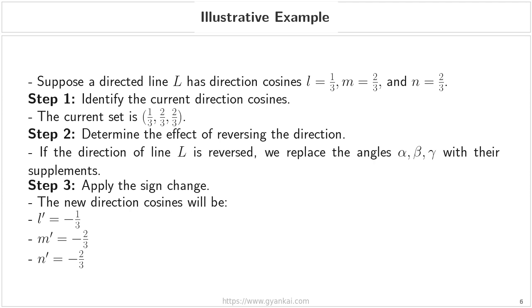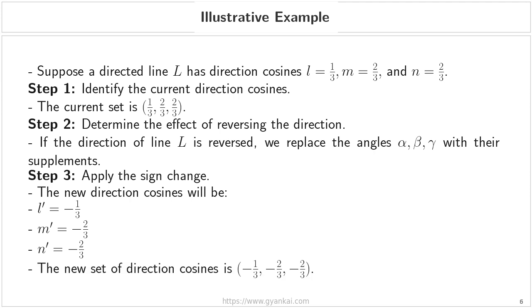Our new l prime becomes negative 1/3, our new m prime becomes negative 2/3, and our new n prime becomes negative 2/3. So, as you can see, our new set of direction cosines is negative 1/3, negative 2/3, and negative 2/3. Notice how every single sign has flipped. This leads us directly into our final summary of the key takeaways.